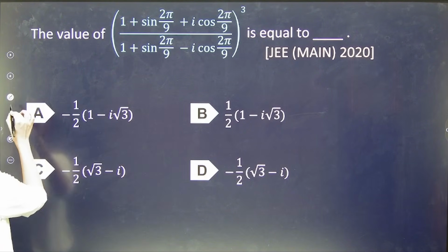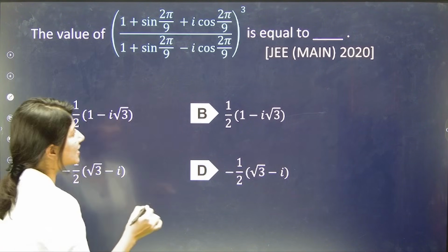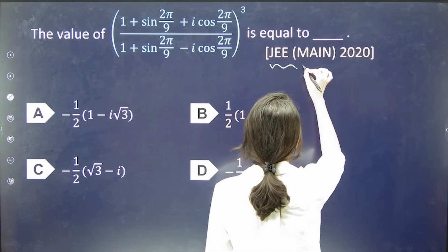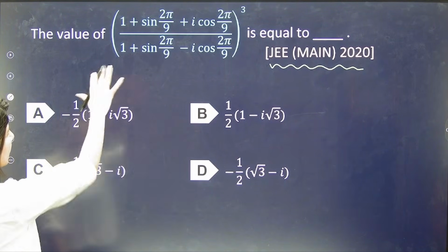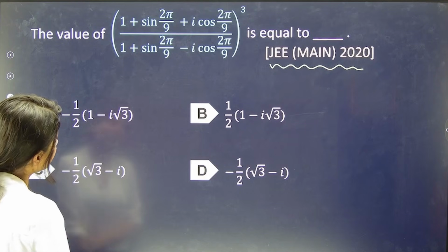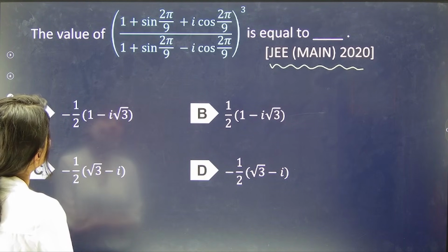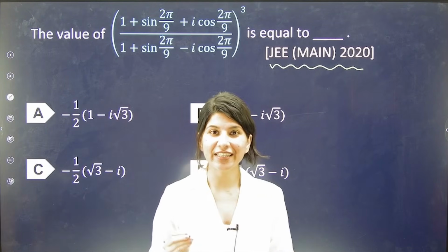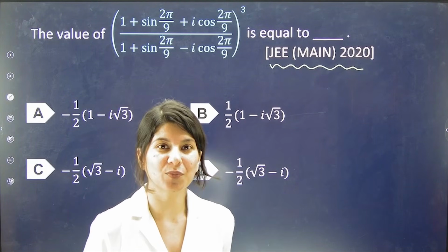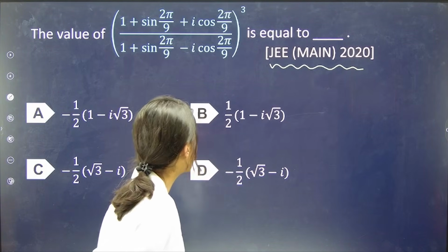Now let us talk about the next problem which was asked in JEE Main 2020. The value of this is equal to what is what they are looking for. Okay, all right. So, there is a very interesting trick to solve this problem. Let me tell you that trick.